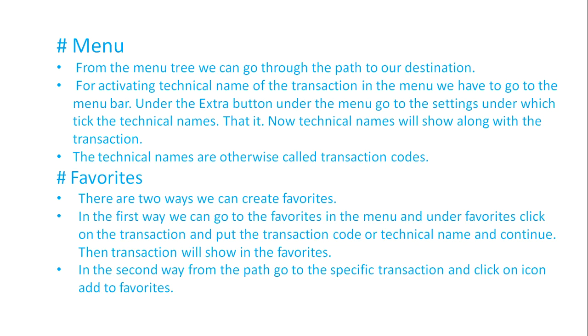Some account debited, some account credited. Or you can go through the path. Where will you go? You will go to accounting, financial accounting, general ledger, document entry, then enter GL document. I can also go there. So for going to that particular screen, SAP gives you two facilities.